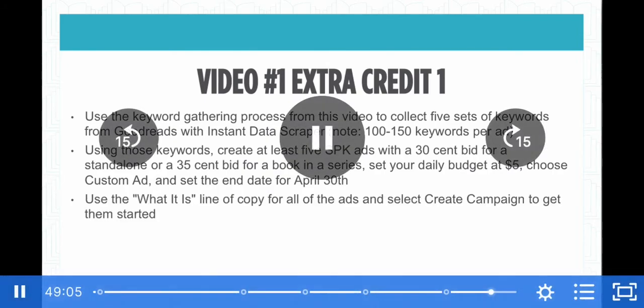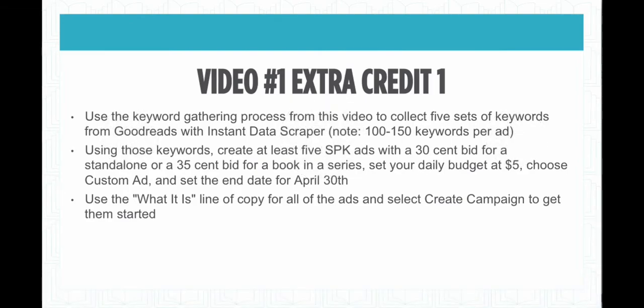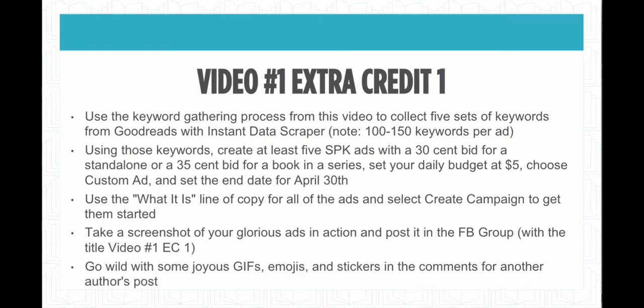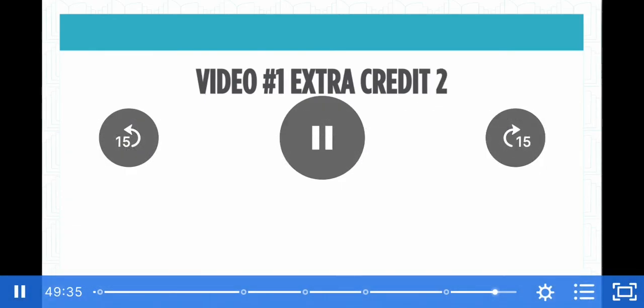Use the what-it-is line of copy for all of these ads. It doesn't matter if you use the exact same line of copy. Select create campaign to get them started. Now take a screenshot of your glorious ads in action on your campaign page. Post it in the Facebook group with the title Video Number 1 EC1. And then, hey, have some gifs, use some emojis, use some stickers in the comments for another author's post.